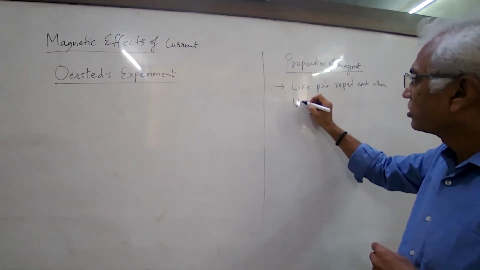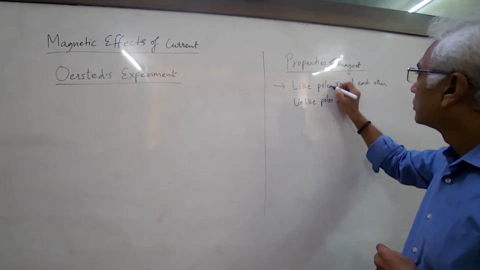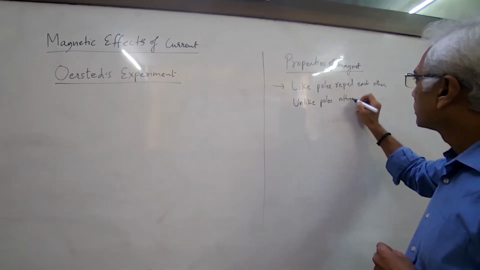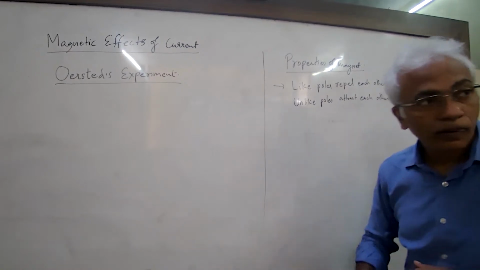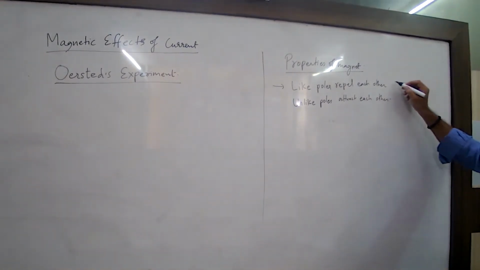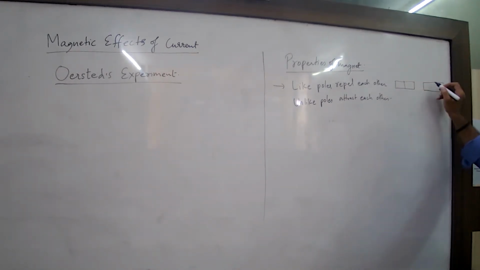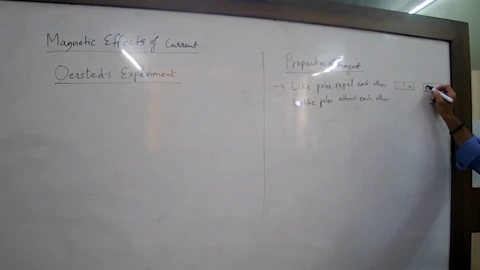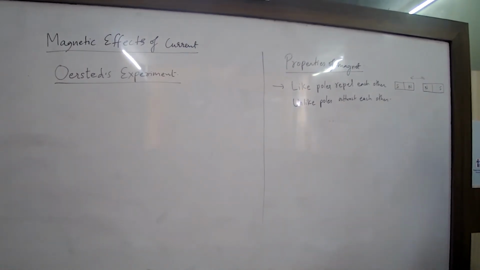And unlike poles attract each other. What else? If you have two magnets with like poles facing, they will repel each other, right?